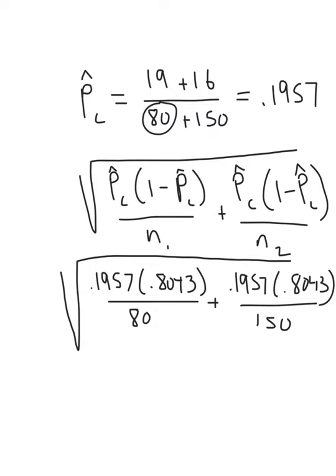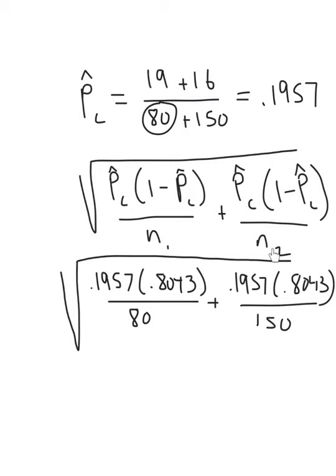So there's all the numbers, right? So add these two together, add those together, divide them, here's my number. And there it is. 1 minus that number is right there, divided by the population of the first school. Same thing, right? The pooled proportion over the other school.